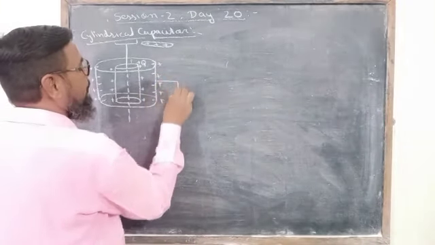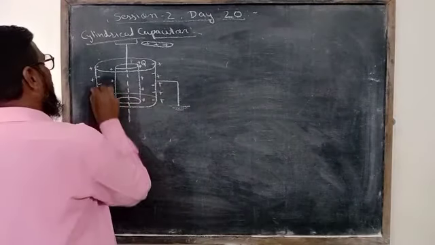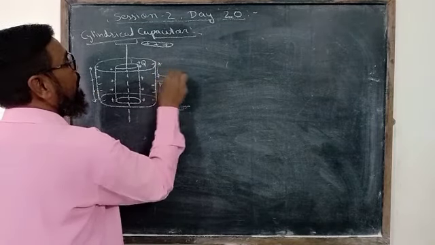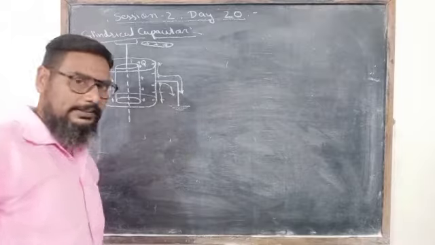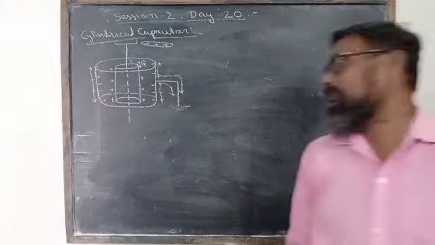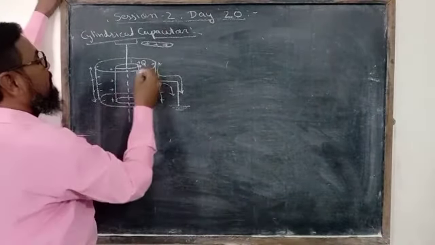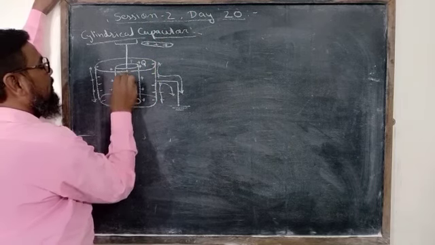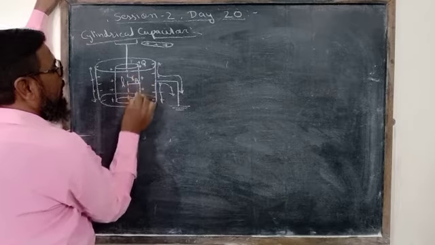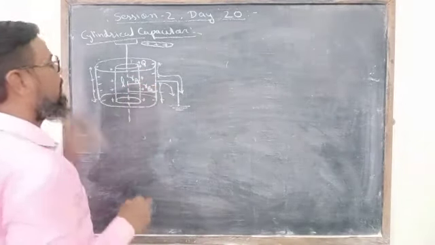When we provide earthing, the whole outer charge goes to the earth. So only plus Q charge remains on the inner cylinder, and the length of the cylinder is L, the inner radius is RA and the outer radius is RB.